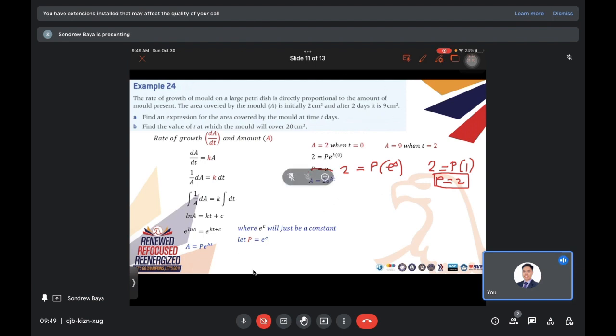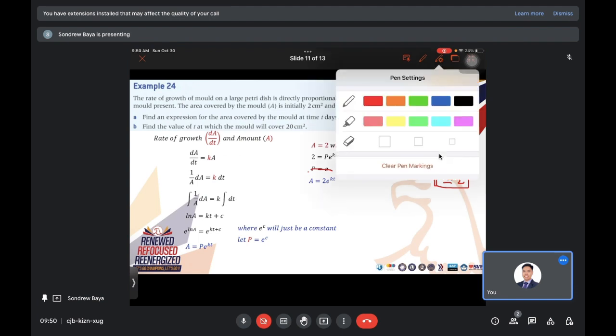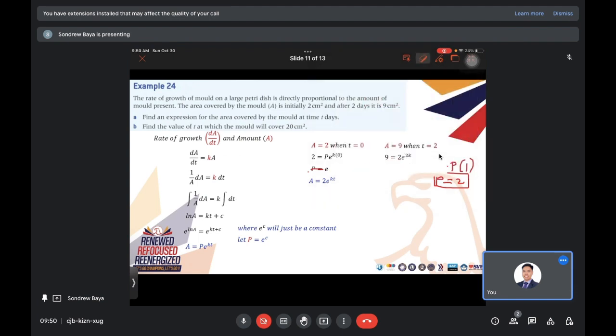If you recall your direct proportional word problems before, to find the value of k, we need a value of the two quantities, and we are actually given 9 and 2. So pause the video and copy the ones that I have annotated because I'll be erasing it. Okay.